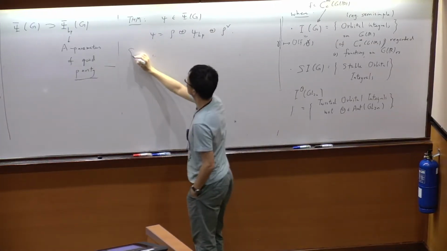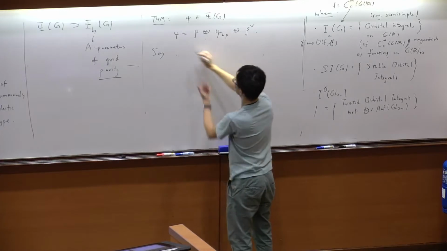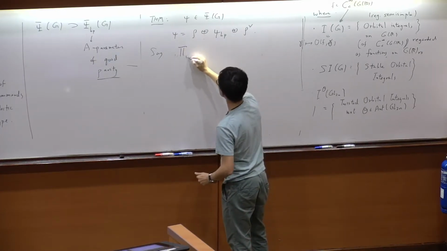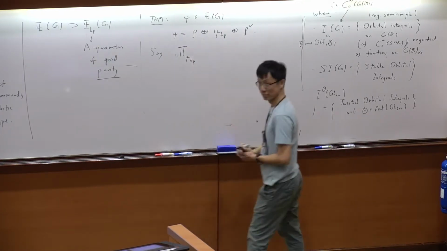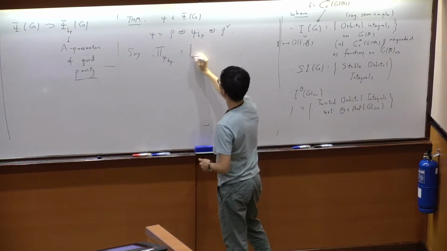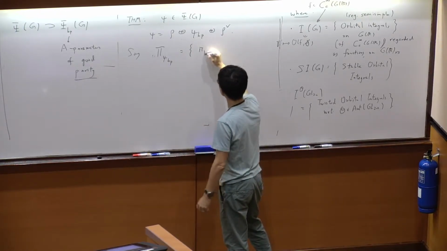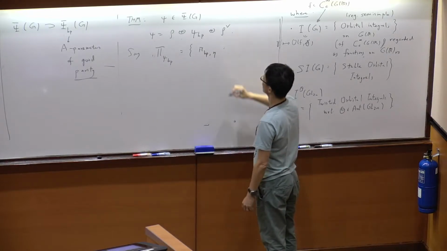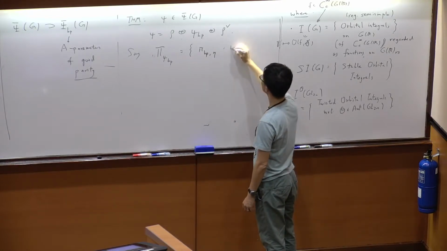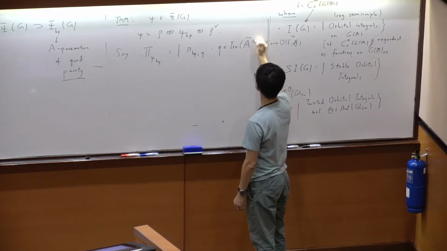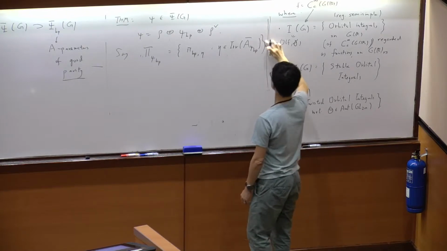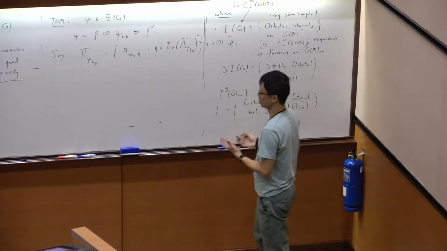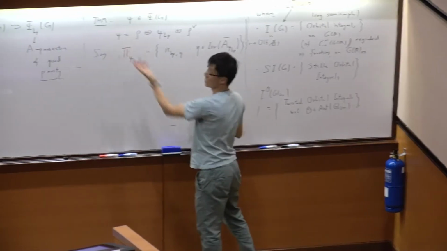Okay, and suppose you already understood the A packets for this good parity part. Okay, so let's say it's something like that. Okay, then the end product is we want to describe what pi psi is.